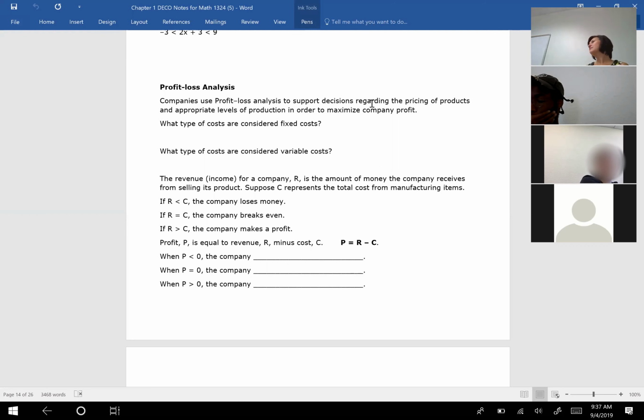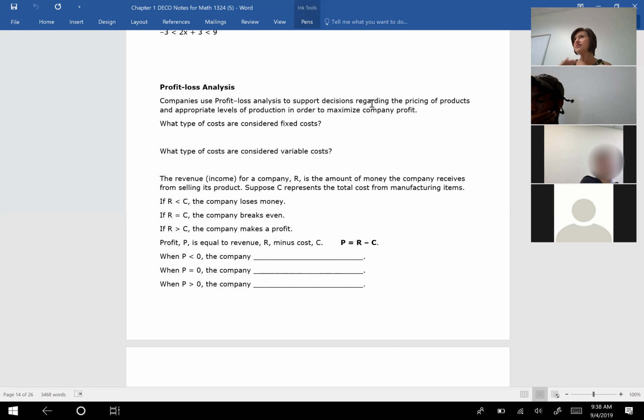So a lot of times you will hear people talk about a profit loss analysis or a profit loss statement. If you owned a business and maybe you wanted to expand, I can guarantee you if you go to some place and try to borrow money, they're going to want to see your profit and loss sheet. They want to know what is the health of your business. Are you making money or not?